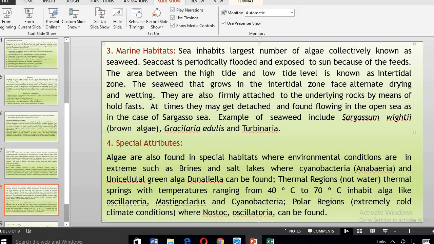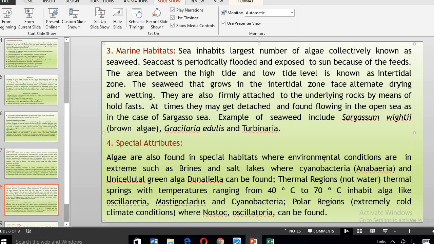Now, the very hot regions or thermal regions, where we have thermal springs with temperatures ranging between 40 degrees Celsius and 70 degrees Celsius, are inhabited by algae like Oscillatoria, Mastigocladus, and cyanobacteria.